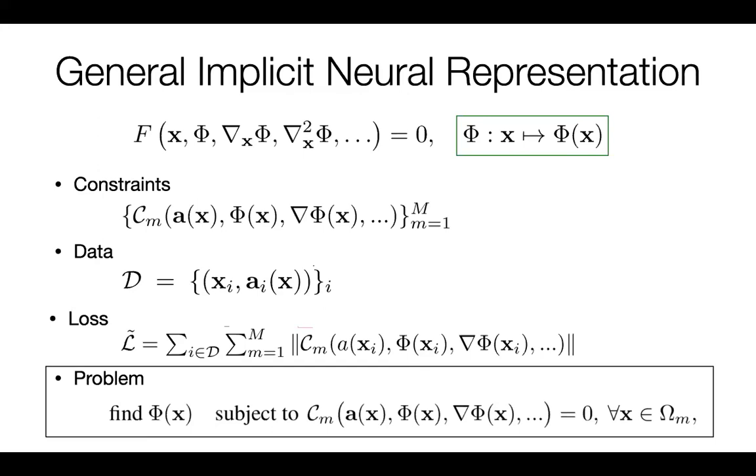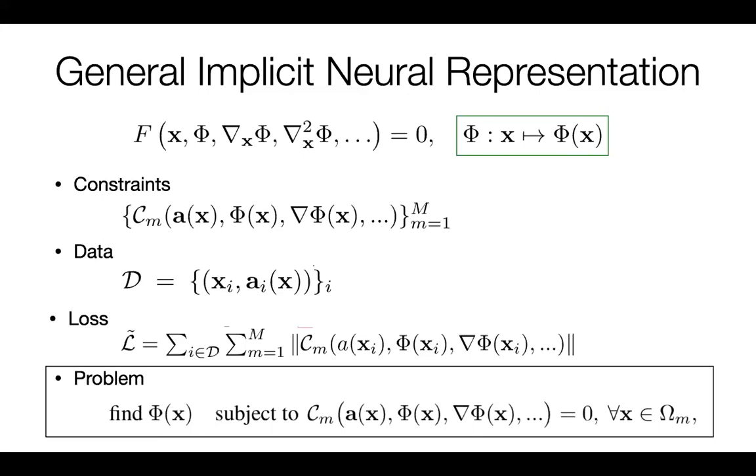And the problem here is to find neural networks phi of x subject to all the constraints being 0 for all the points in the domain omega. Okay, this is a very general mathematical formulation for the implicit neural representation.